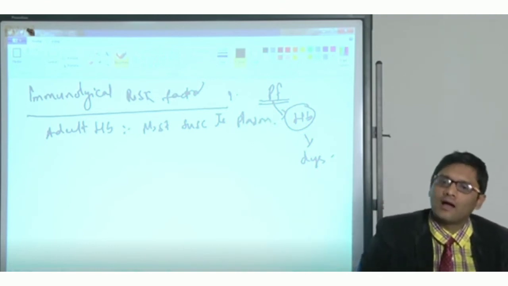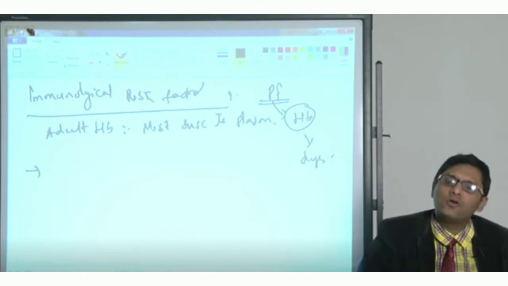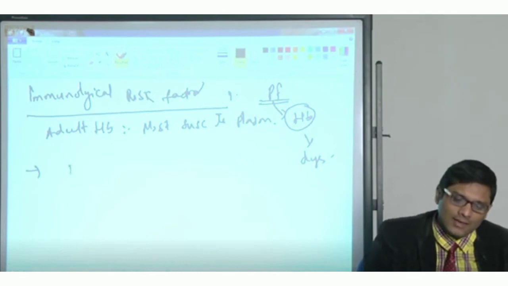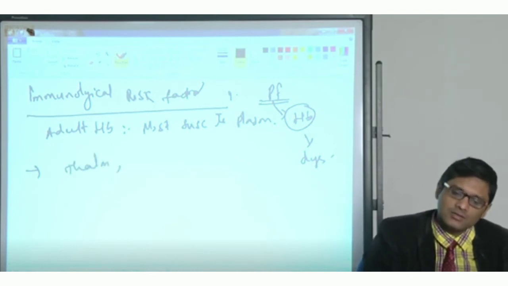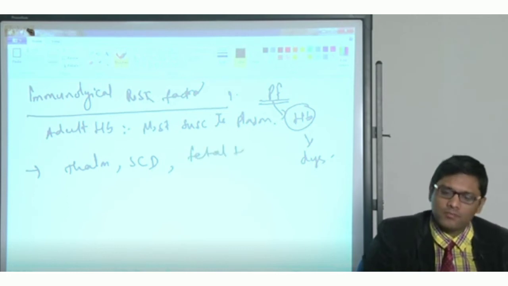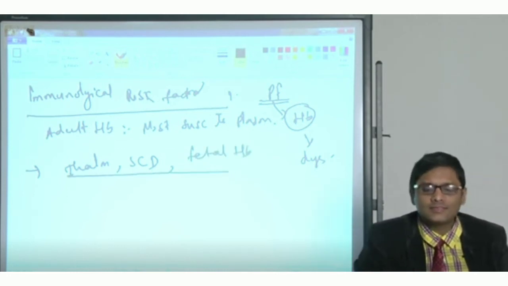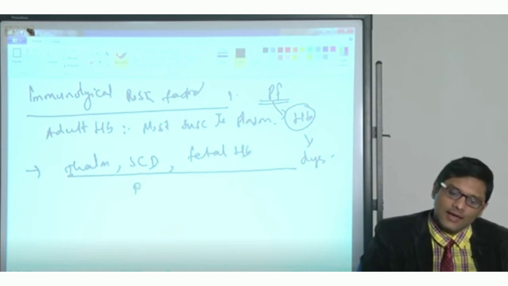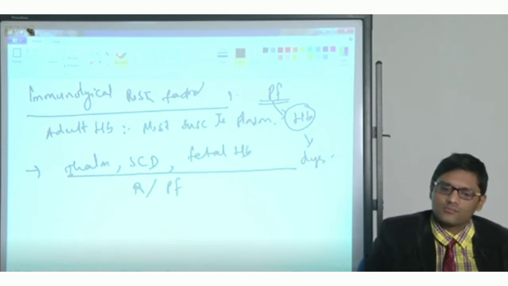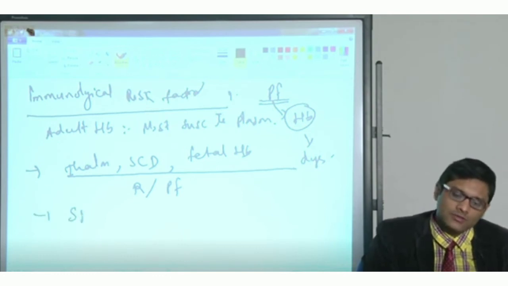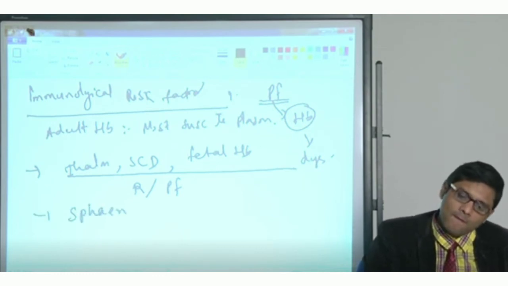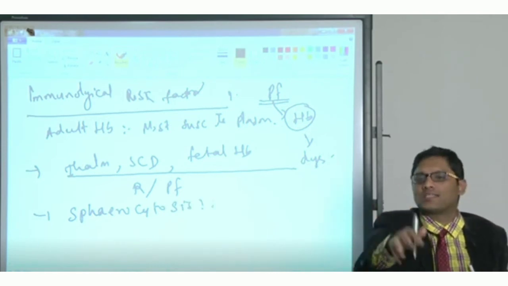However, there are certain conditions, like if you have a defective hemoglobin like thalassemia, sickle cell disease, fetal hemoglobin, in all these cases they are resistant to Plasmodium falciparum, and even spherocytosis. In spherocytosis, the RBC will be fixed, it is not flexible.